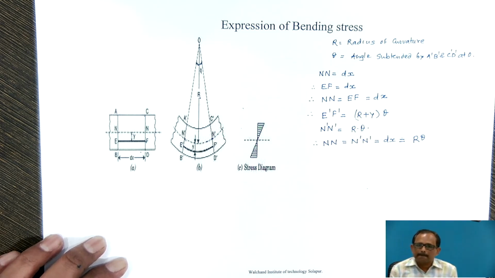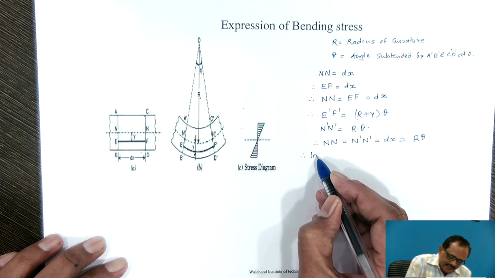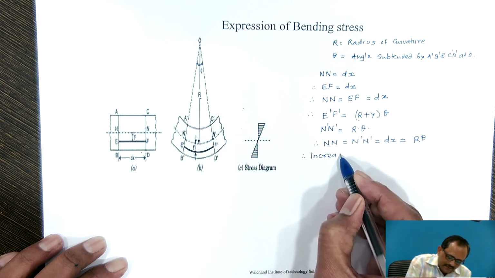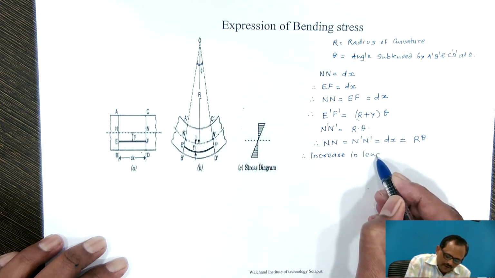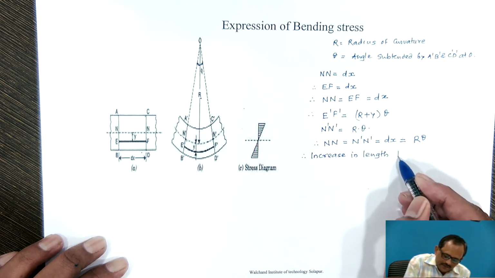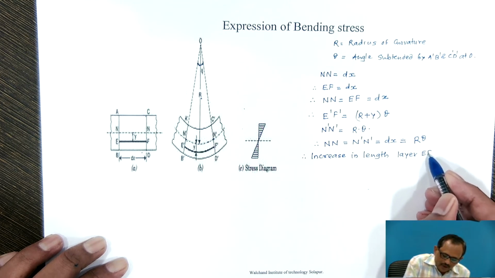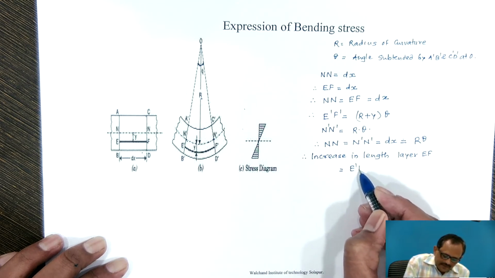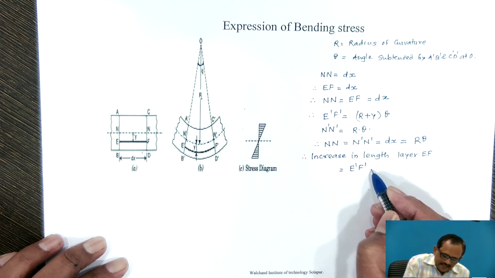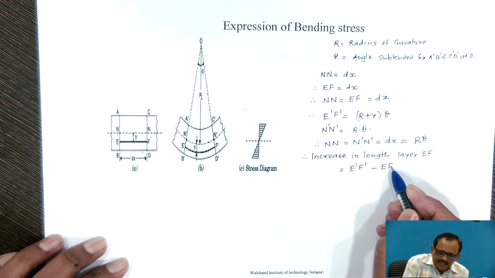Now we can find the increase in the length of layer EF. That is obtained by the length of layer E'F' minus the length of layer EF.